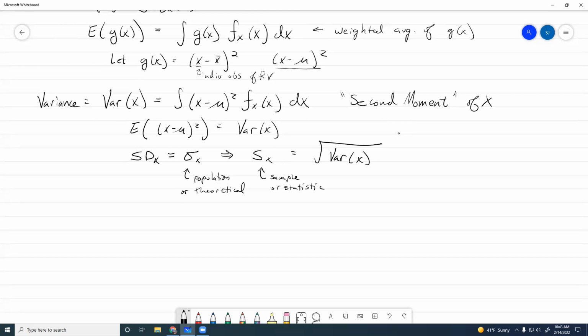That's just equal to the square root of the variance. Why do we use the standard deviation more? Because I think you probably see the standard deviation more than you see the variance out there.